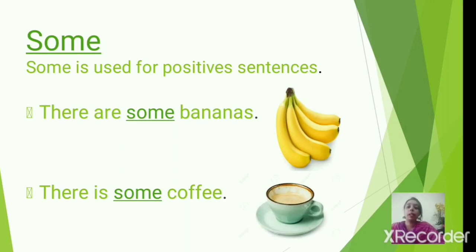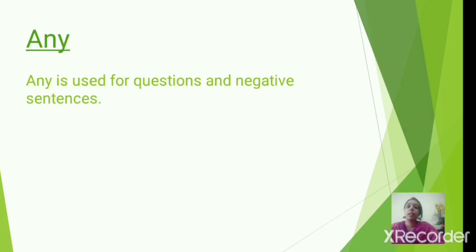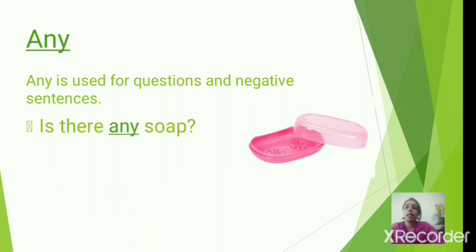So the next quantifier determiner is any. Any is used for questions and negative sentences. Is there any soap? Yes, students, tell me. We can say there is not any soap.